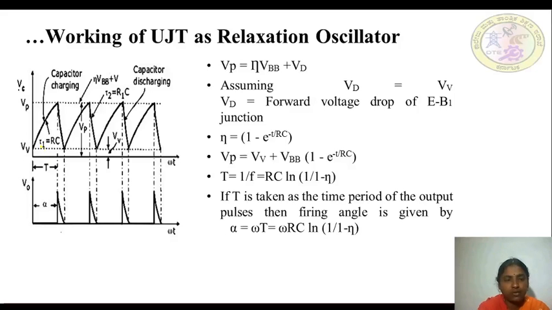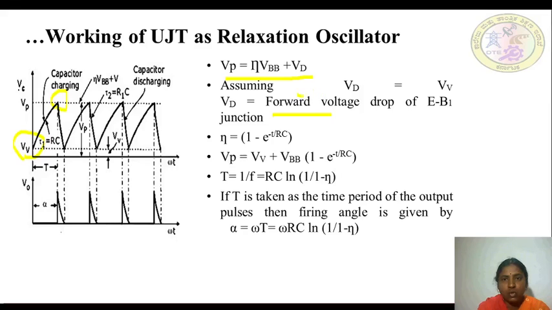One thing we have to keep in mind is that the capacitor voltage will always charge between valley point voltage and peak point voltage. So this valley point voltage is the initial voltage of the capacitor. Hence, the time required for charging through this large resistance R is given by VP is equal to eta into VBB plus VD, where VD is the forward voltage drop of the emitter B1 junction.